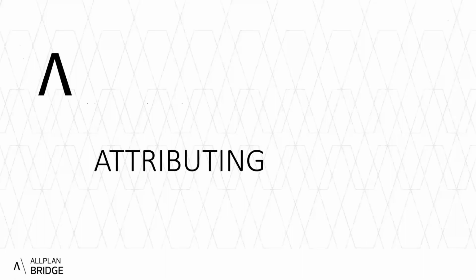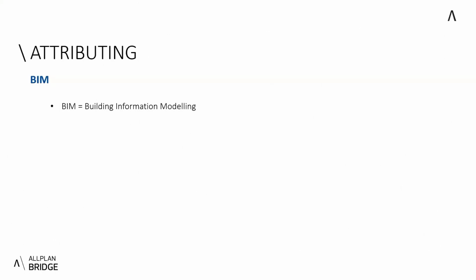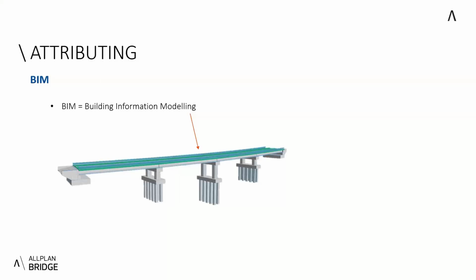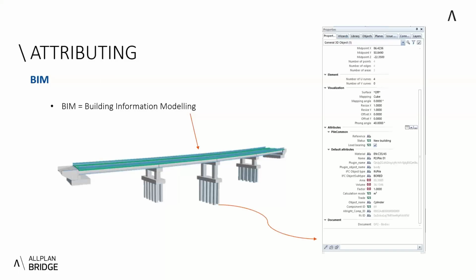Before I explain attributing, just to give you a little recap, we say BIM, which stands for Building Information Modeling. Here we are referring to the M, the modeling, as the geometrical content of the project. As you can see on the slide, it's the model. For example, if I click on one of the piles, I have these different properties in Allplan.